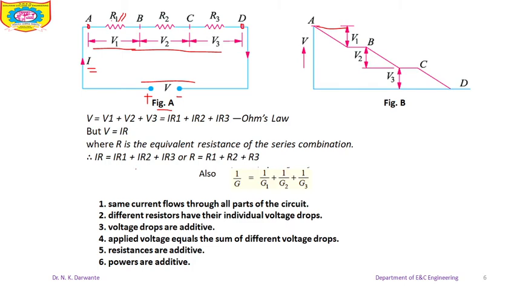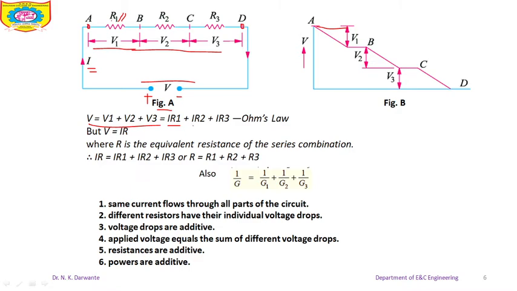Then here you can see how we can calculate the voltage. V is equal to V1 plus V2 plus V3. V1 is the voltage across R1, and that can be calculated as the product of the common current flowing through these resistances multiplied by the resistance R1.